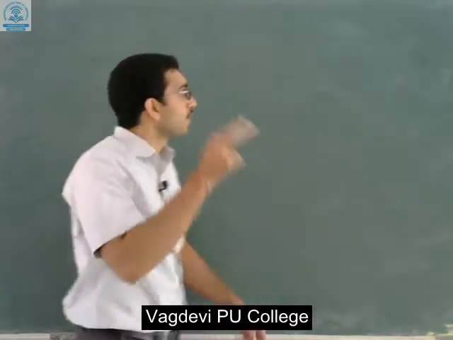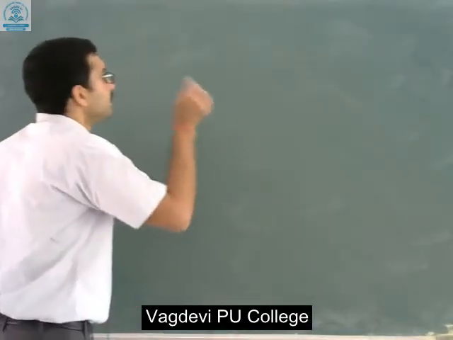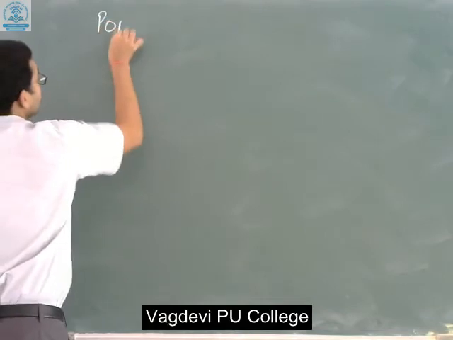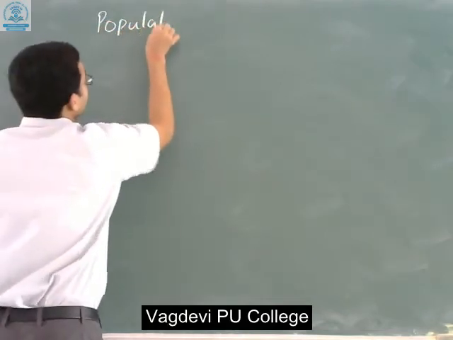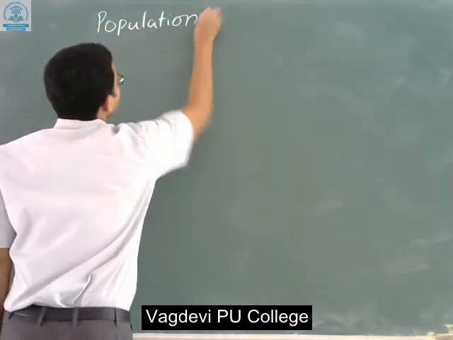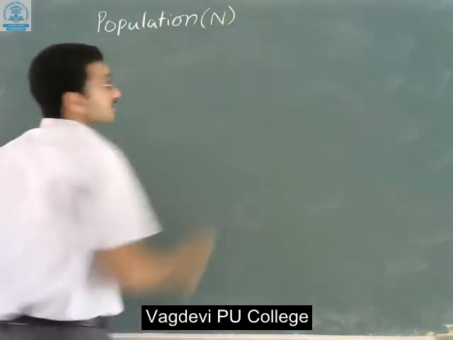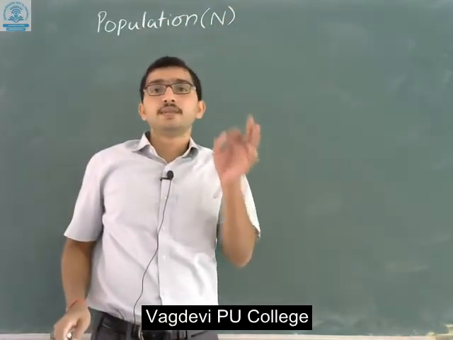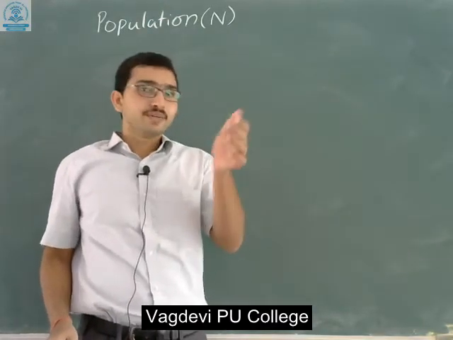Now the population density is denoted by capital N. As you know, population density is dependent upon the number of births and immigration.